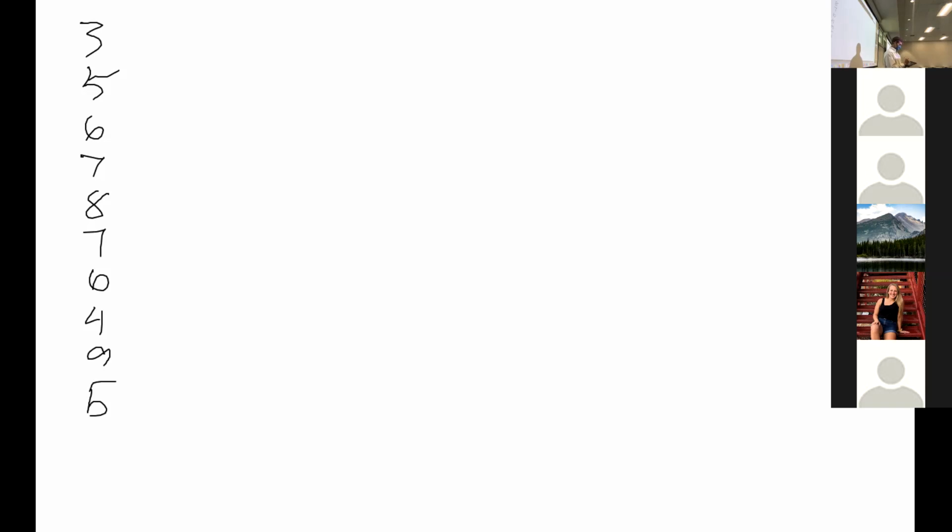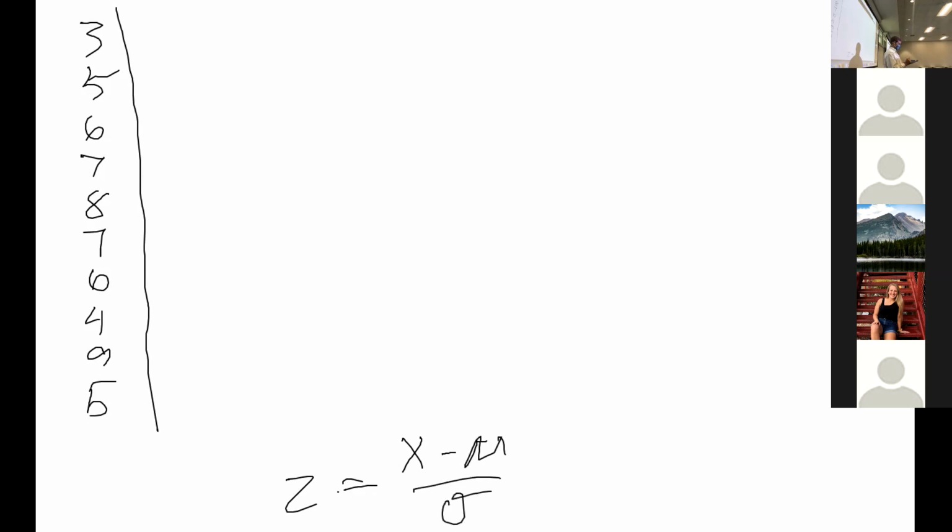And these are each of our x values, just pulled from the beginning. And so to get the z-score, what is the equation again? X minus mean divided by standard deviation. Yeah, so it's x minus the mean divided by the standard deviation.